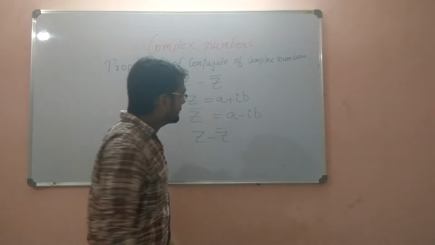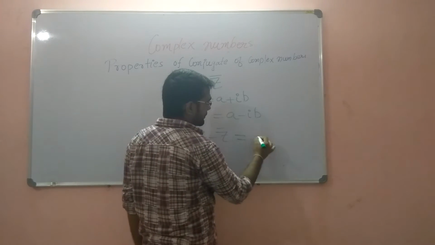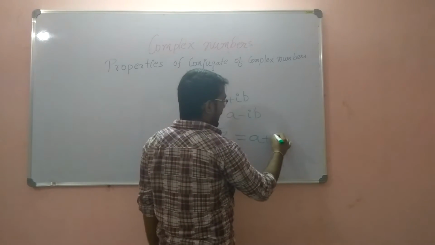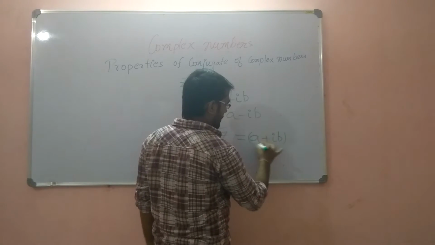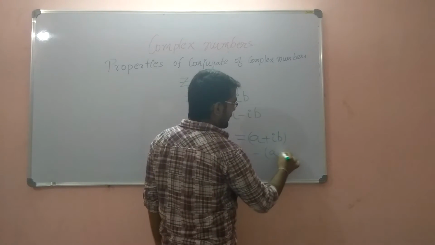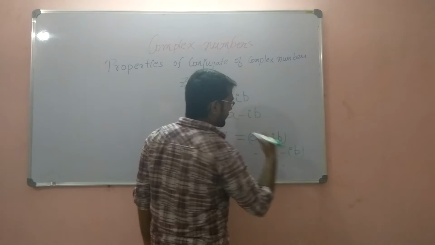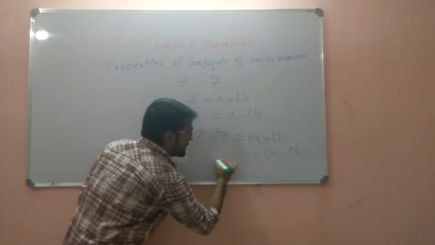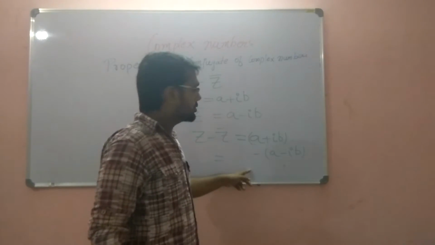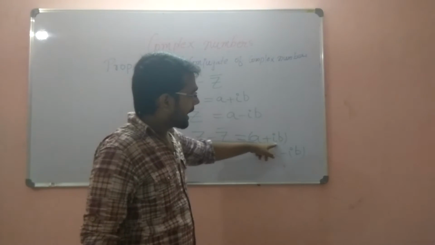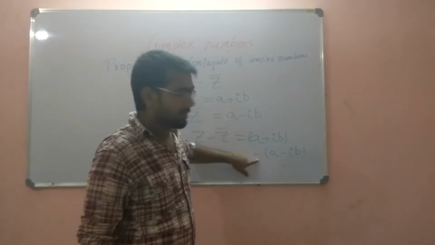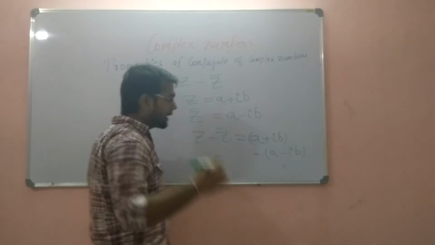That is equal to a plus ib minus a minus ib. So a minus a is 0, and ib plus ib is going to make 2ib.